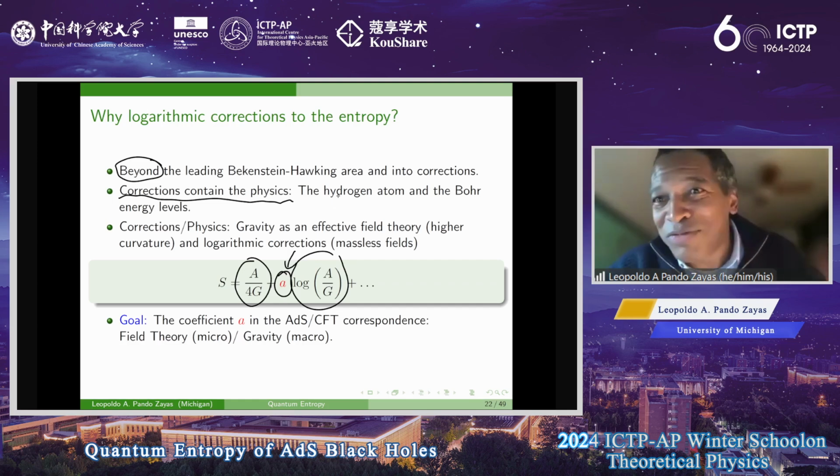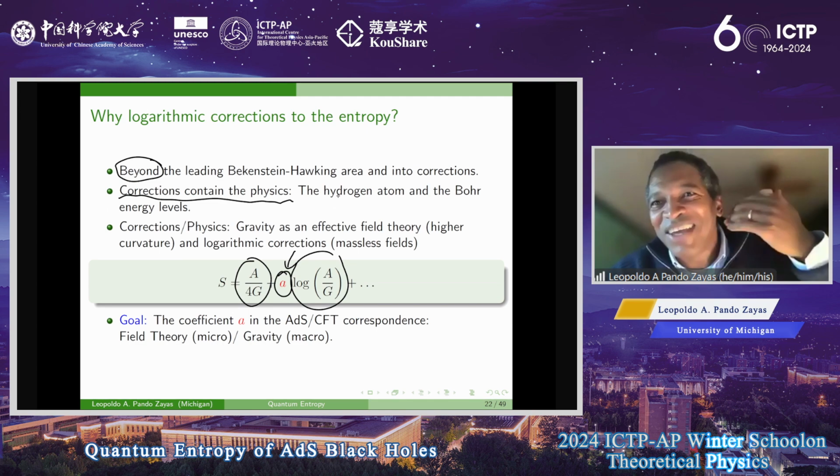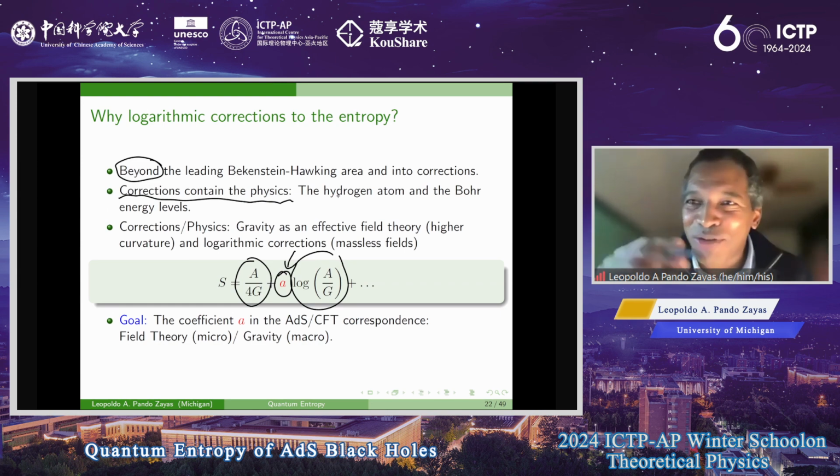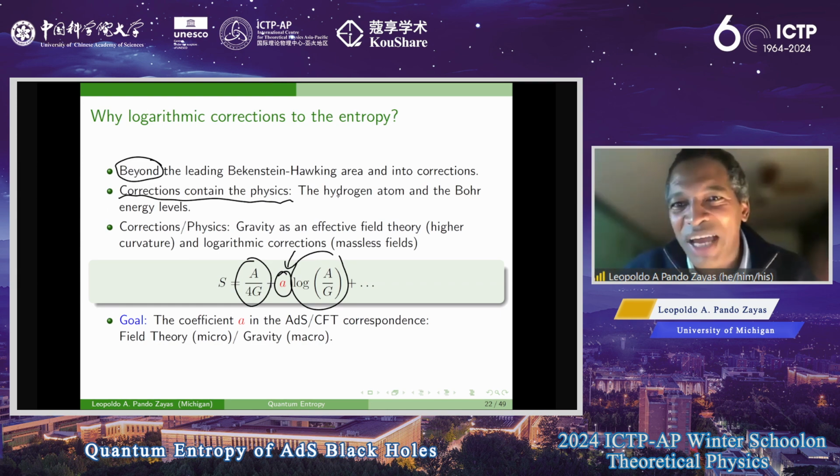But we know that for the physics, you have to quantize, you have to look at the Schrödinger equation, and you would not know that if you were only focusing on the energy levels. You have to look at transitions between them, etc. You have to look at subleading corrections, and that's really the job that we want to tackle.